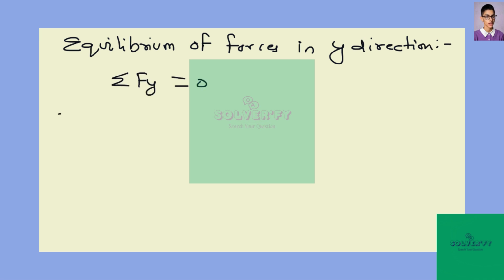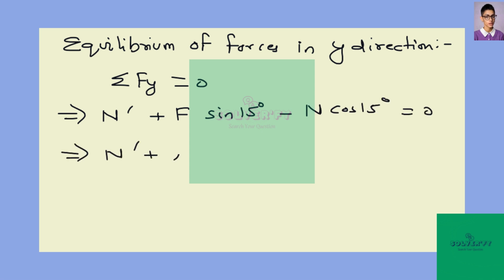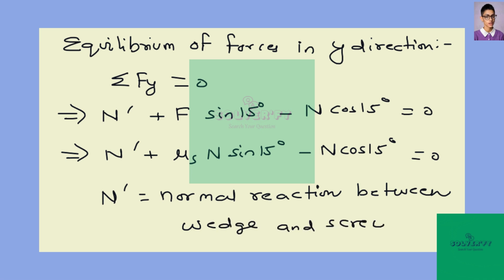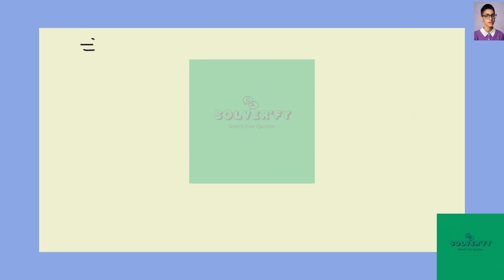Now going forward, writing equilibrium of forces in y direction and solving it. So summation of Fy is equal to 0, or N dash plus F sin 15 degree minus N cos 15 degree is equal to 0, or N dash plus mu s N sin 15 degree minus N cos 15 degree is equal to 0. N dash is the normal reaction between wedge and screw.